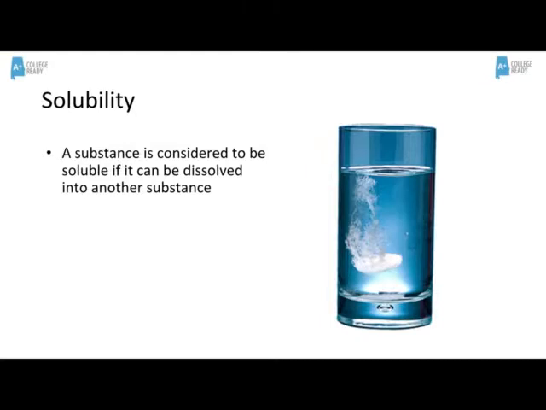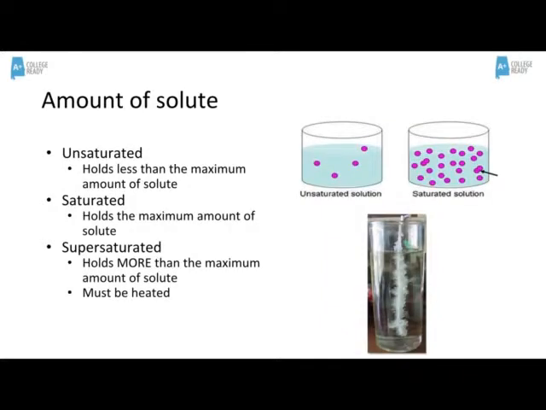If a substance can be dissolved, then we say that substance is soluble. We can measure how much is dissolved by measuring the solubility. We use three different terms to describe the amount of solute dissolved: unsaturated, saturated, and supersaturated, and the definitions are about the way the terms sound.